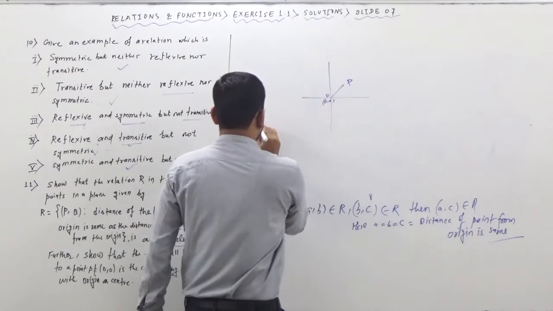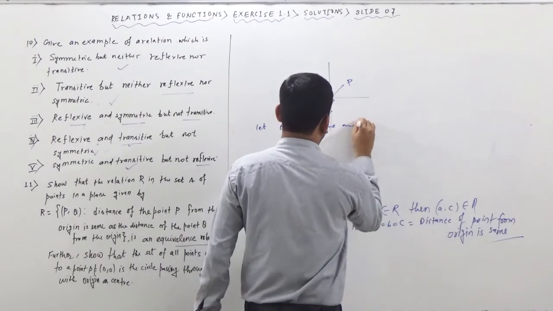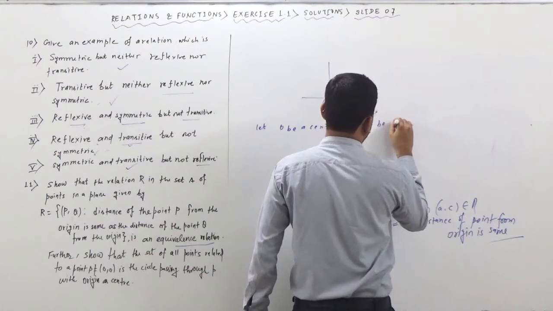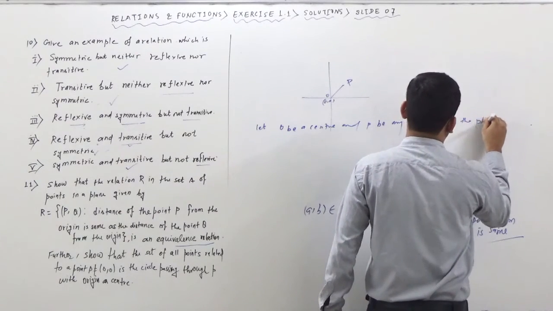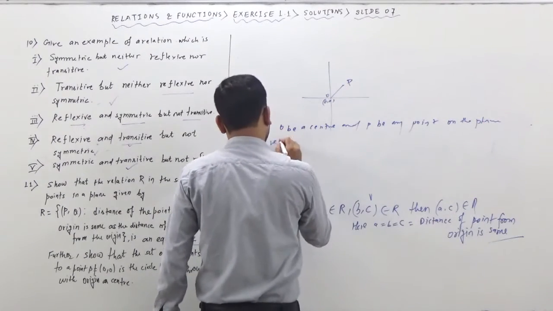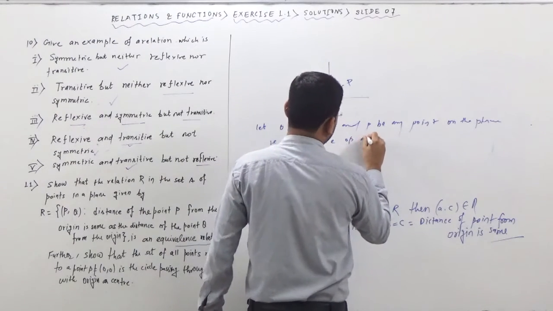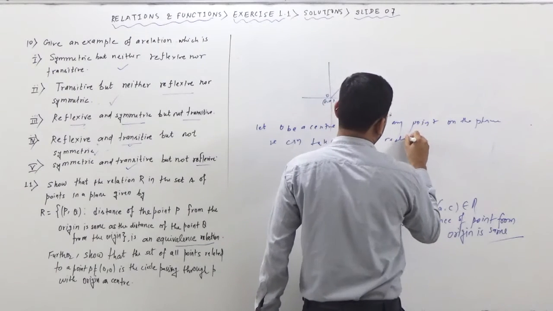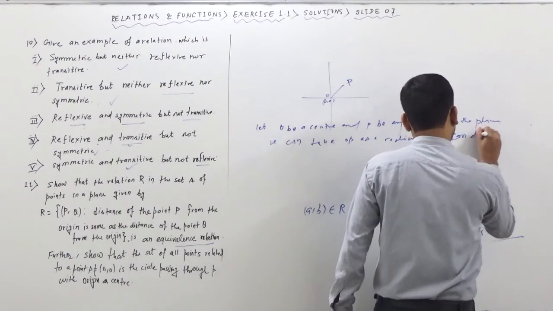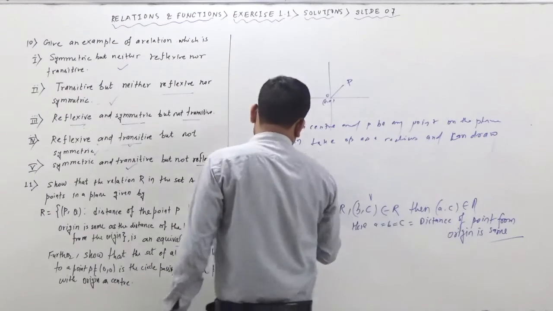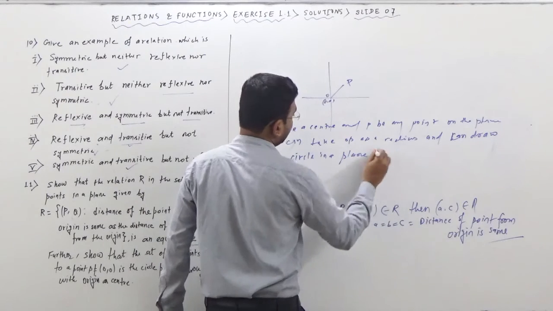Let us suppose O is the center and P is any point on the plane. We can take OP as a radius and draw a circle in the plane. This is always going to be possible.